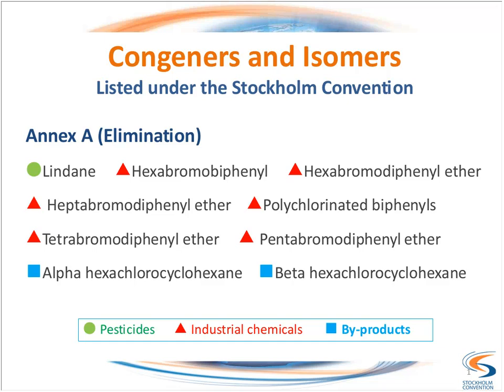You have polychlorinated biphenyls, tetrabromodiphenyl ether, and pentabromodiphenyl ether, which are components of commercial pentabromodiphenyl ether. You have alpha hexachlorocyclohexane, beta hexachlorocyclohexane, and if we also look at the chemical listed in 2011, we should also have endosulfan, because endosulfan also is a mixture of isomers.